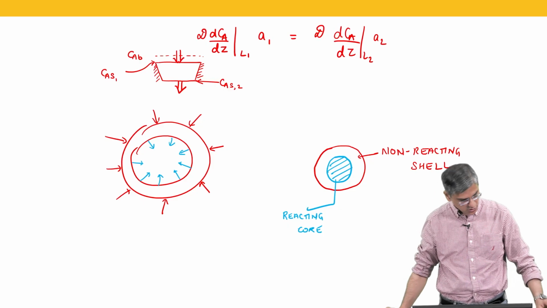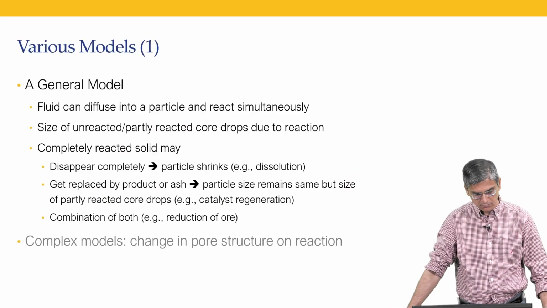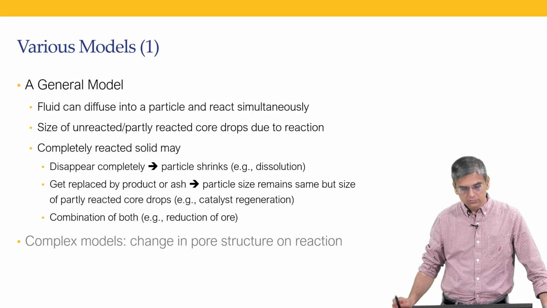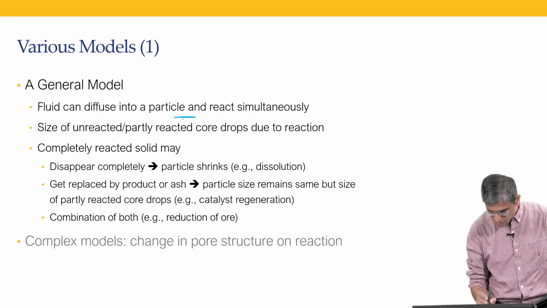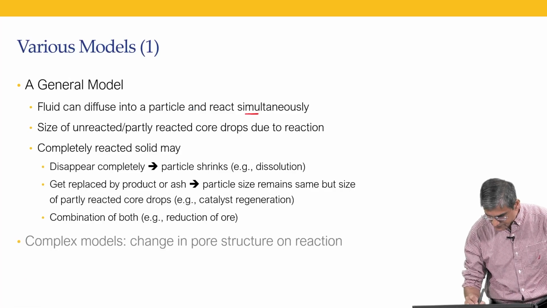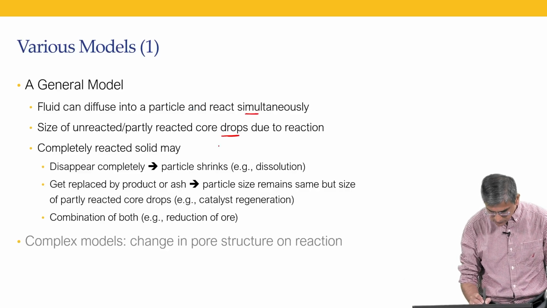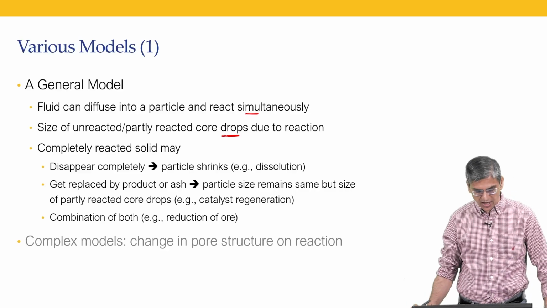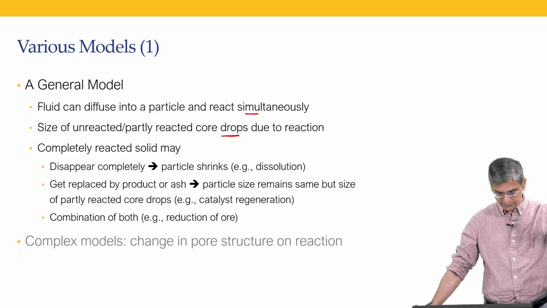Now, we will talk about what happens to the reacting solid. So, to summarize, the fluid can diffuse into the particle and react simultaneously. That means reaction plus diffusion can happen. The size of the unreacted or the partly reacted core will keep shrinking.